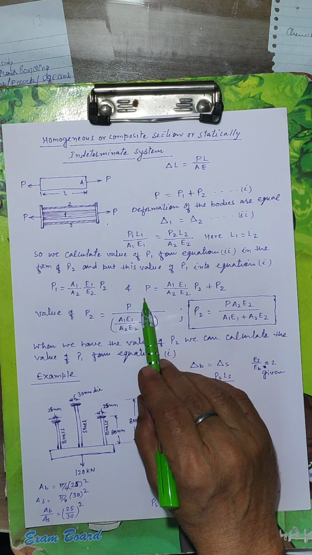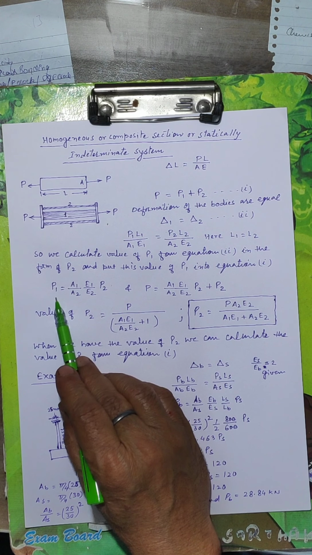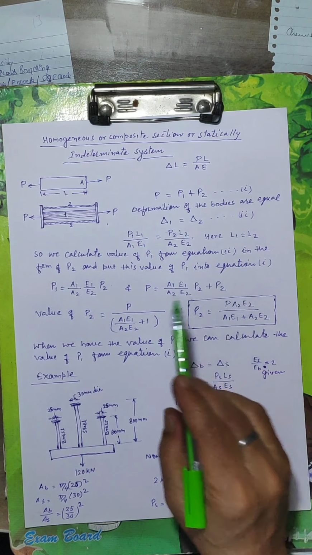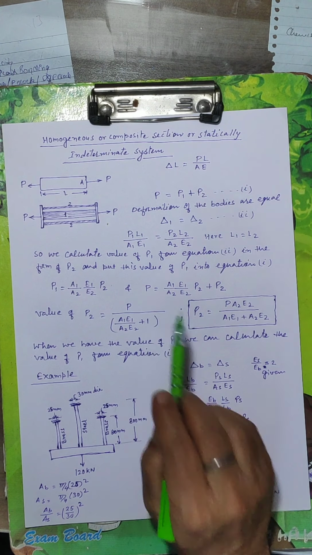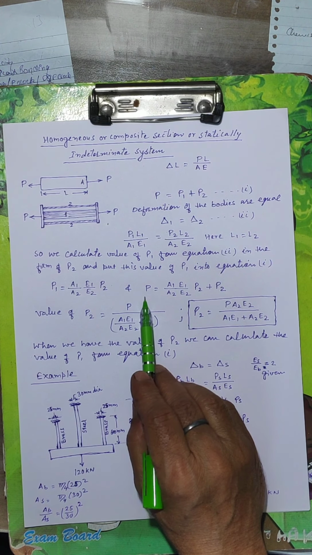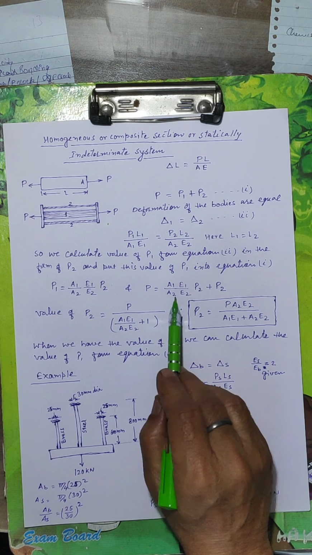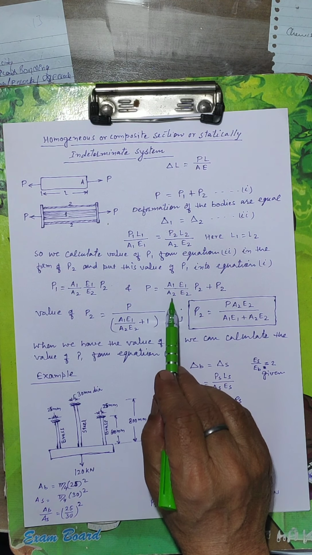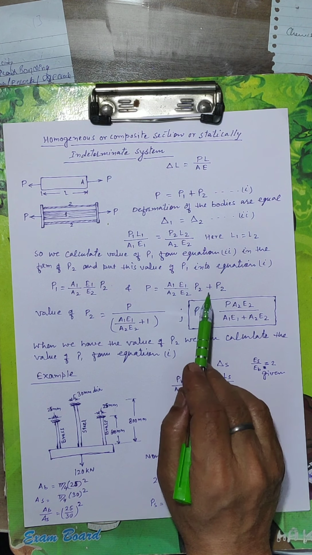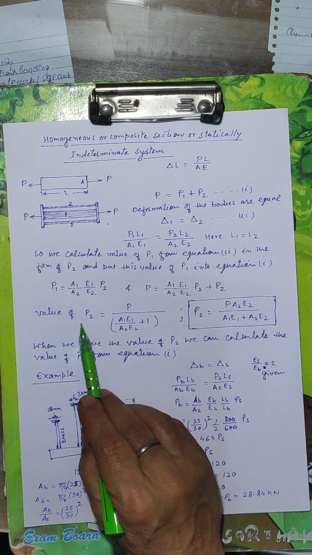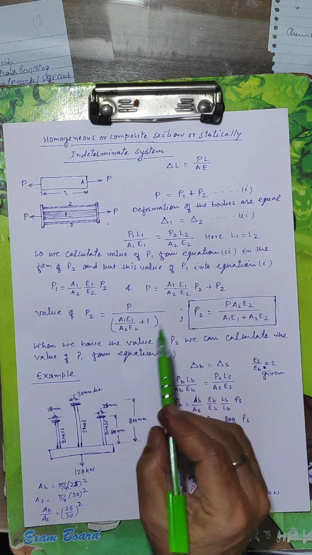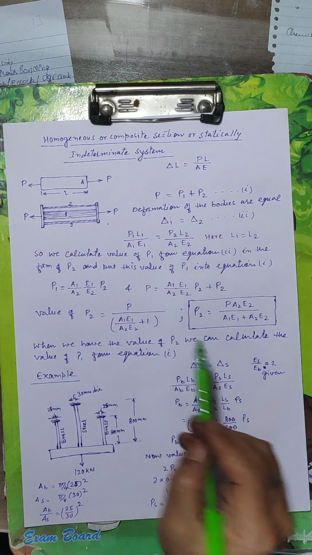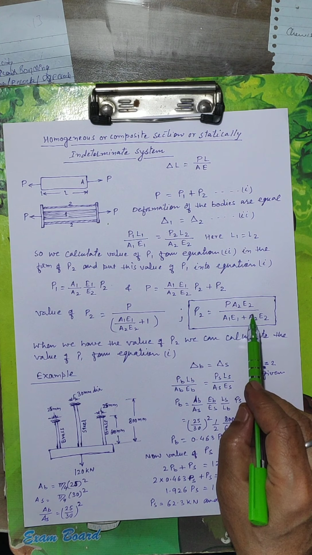Now this value of P1 we put in the first equation, and we get the value of P2. P is equal to the value of P1 in the form of P2, A1 E1 upon A2 E2 times P2, plus P2. So the value of P2 is P upon A1 E1 upon A2 E2 plus 1. And finally we get the value of P2.